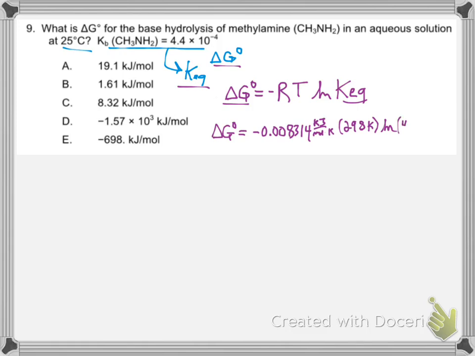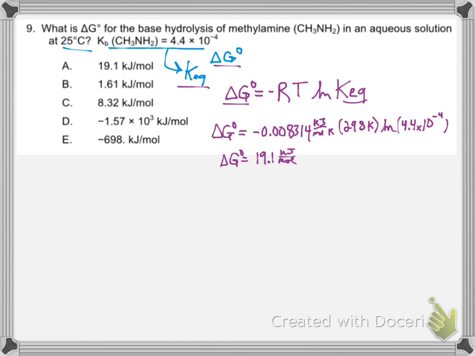So 4.4 times 10 to the negative 4th. When it's all said and done, we're going to get delta G standard equals positive 19.1 kilojoules per mole.